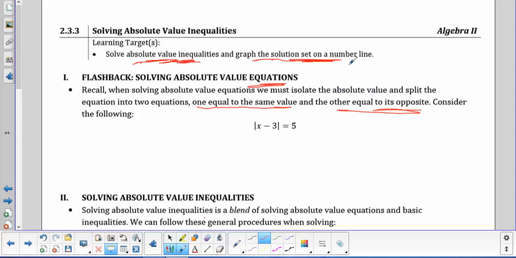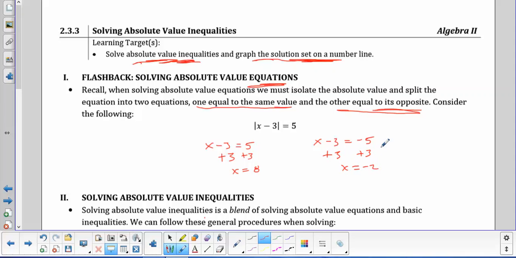So absolute value, these are a little funky because we would take what was inside, make x minus 3 equals 5, and then since absolute value, we had to consider, okay, what if this were positive, what if it were negative? We would have to take the negative side of it and make two different equations. Once we did that, split it up, we could solve, just as we would normally do.